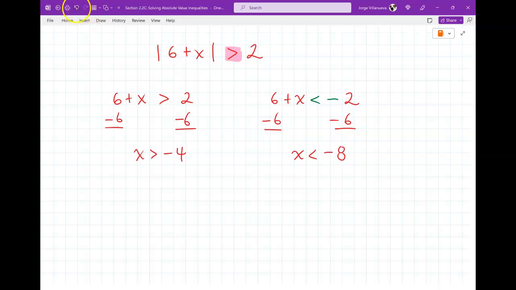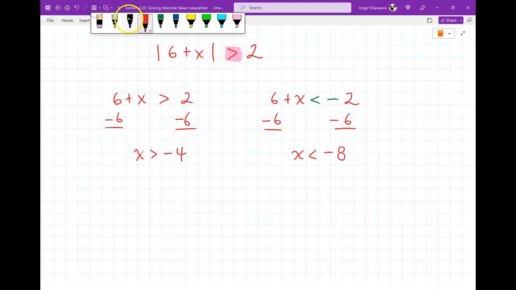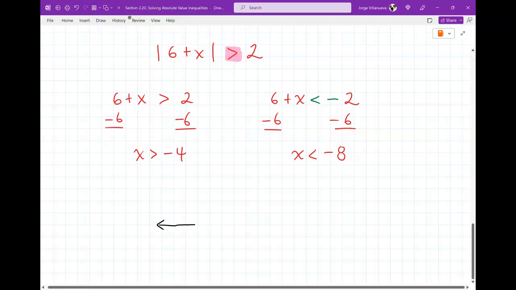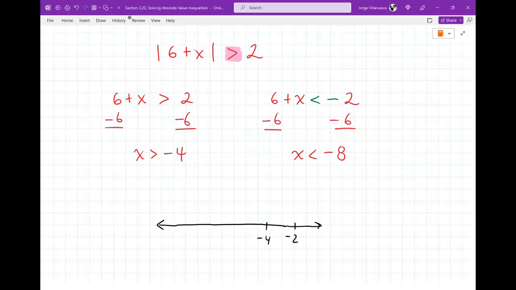Let's draw our graph. Remember, this is an OR problem, so I don't have to draw like a bunch of stages, right? This is going to go in opposite directions. It should go in opposite directions. So here we go. -4, -8. I'm just going to go by negative. So -2, -4, -6, -8, -10.